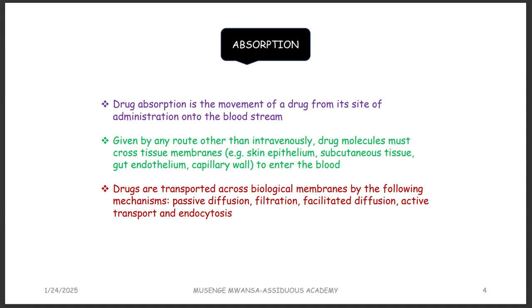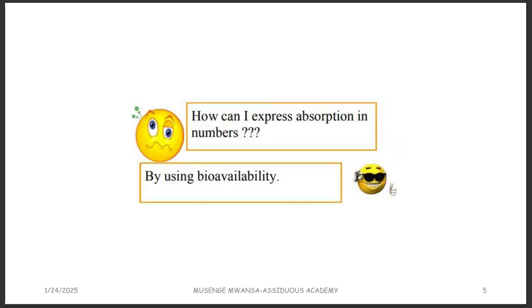Remember you've taken the drug and then it has to pass through the epithelium. So some of the drugs can pass through via passive diffusion, others by filtration, others by facilitated diffusion, others by active transport, and some others by endocytosis. These are methods by which you are going to be able to absorb the drug.